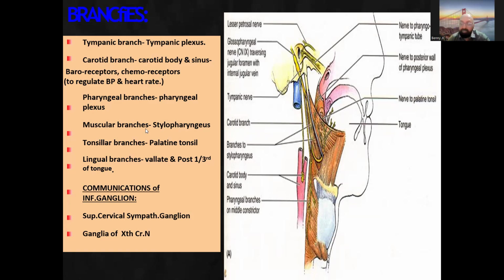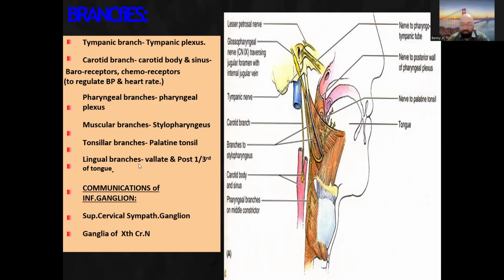Then the branchiomotor fiber that is coming from the pharyngeal arch is exclusively for the stylopharyngeus, the longitudinal muscle of the pharynx. Then we have the tonsillar branch, which is sensory and carrying to the palatine tonsil, lying in the oropharynx. Along with that, very close to that, passing deep to the hyoglossus, are the lingual branches.